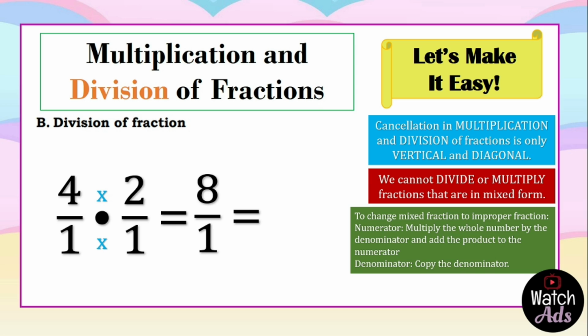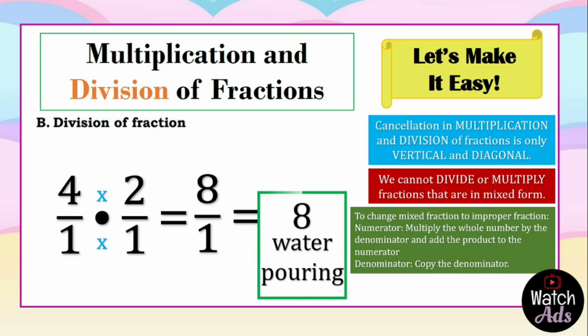Therefore, our answer, 8 over 1, changed to a whole number, is equal to 8, or 8 water pourings.